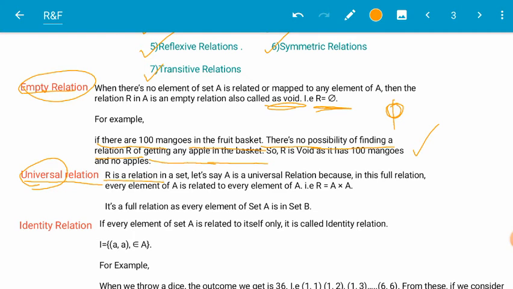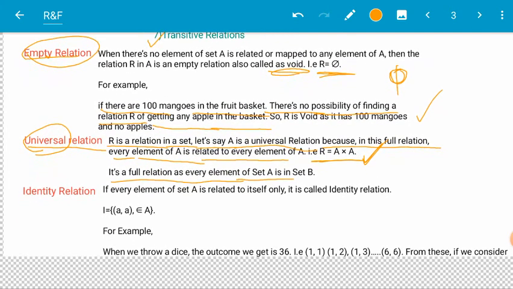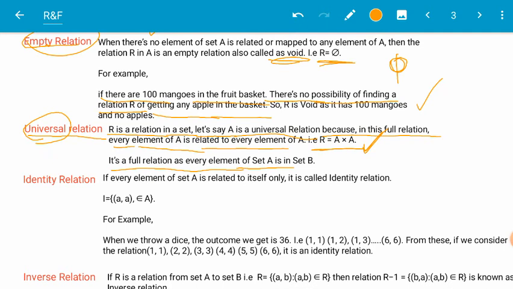R is a relation in set A, say. It is a universal relation because in this full relation every element of A is related to every element of B. All the elements will be present. So here R is equal to A cross A, the Cartesian product. Relation equal to Cartesian product, then we can call it a universal relation. Hope you understand.